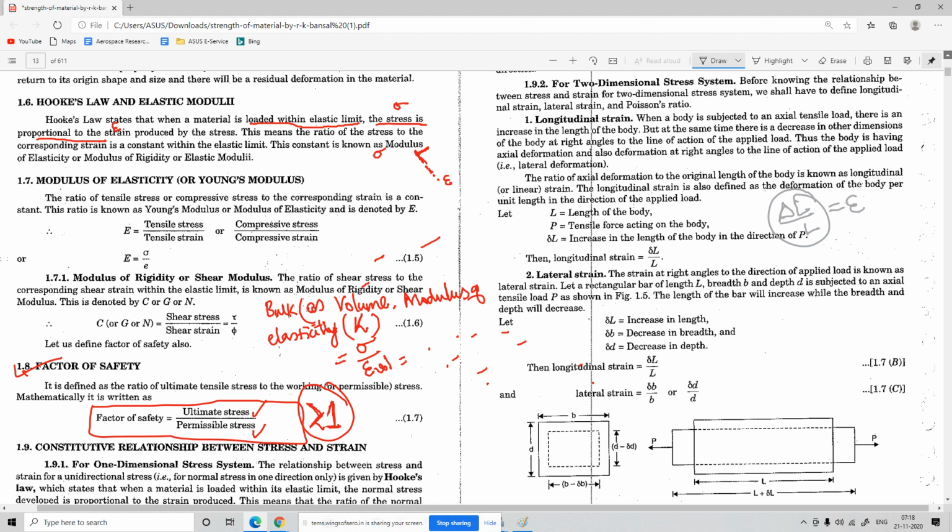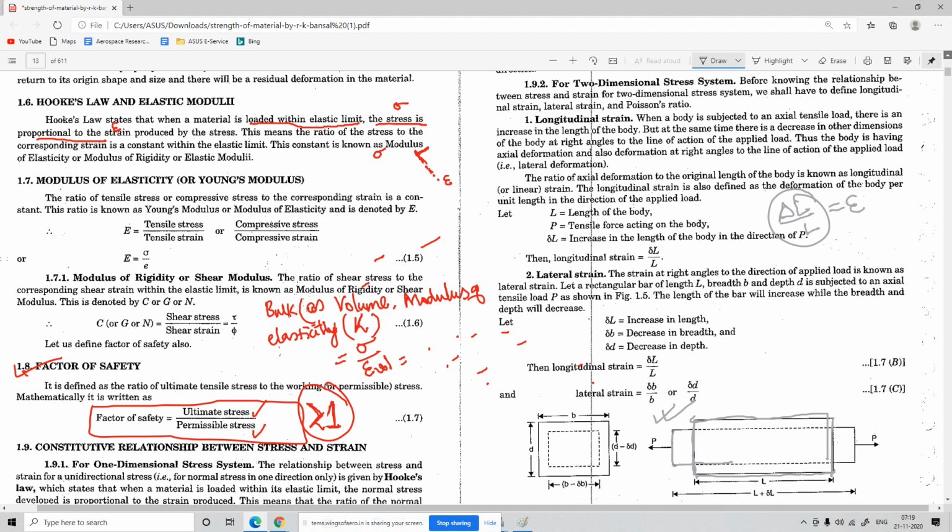That means when any object, okay, suppose, look into this figure. This was the original bar, the original beam of length L. Now it is being pulled from both ends, forming a tensile stress.